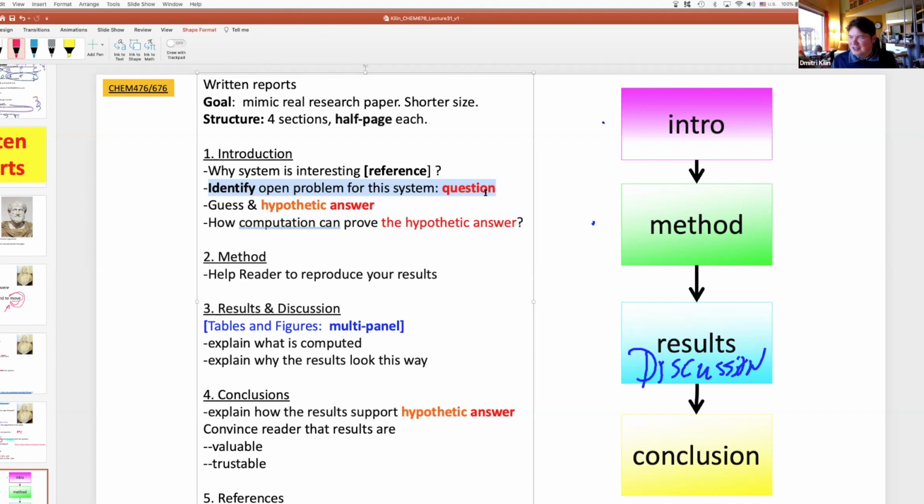Or it is completely unclear whether the peptide will bind to both surfaces. Let's answer this question. Or no one knew if conjugated polymers can conduct electricity. It's so important for technology that we should try to answer it by computation. So ask a question that is either a challenge for technology or a challenge for computation that is hard to do.